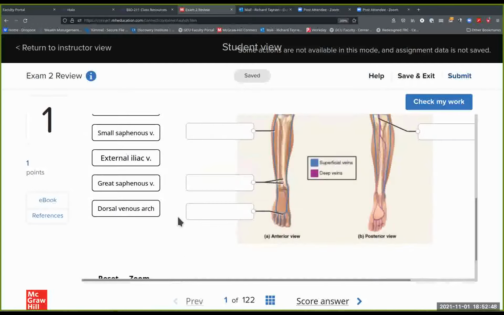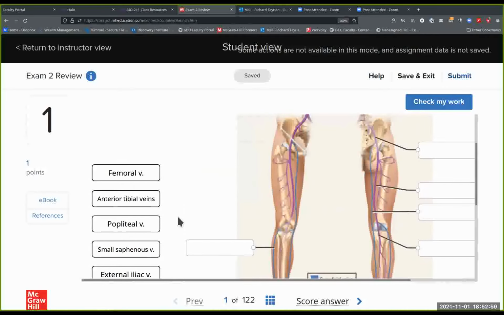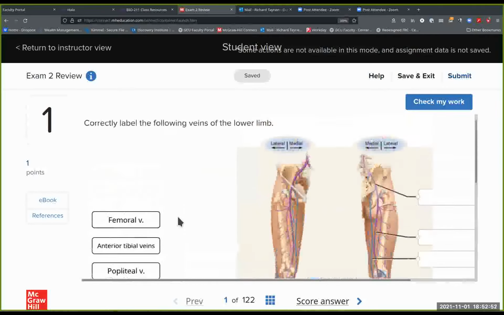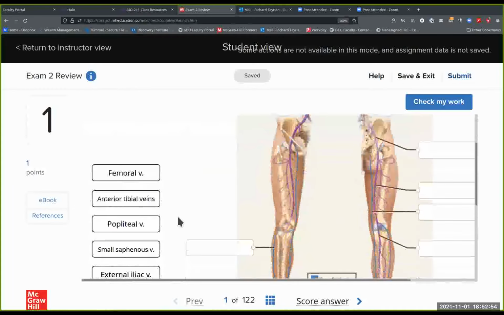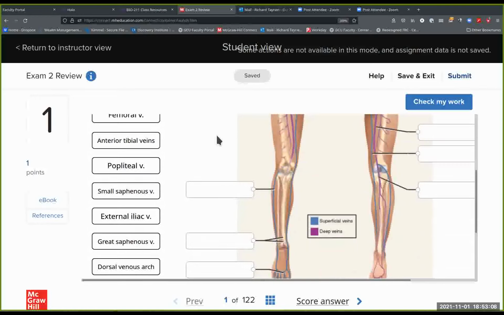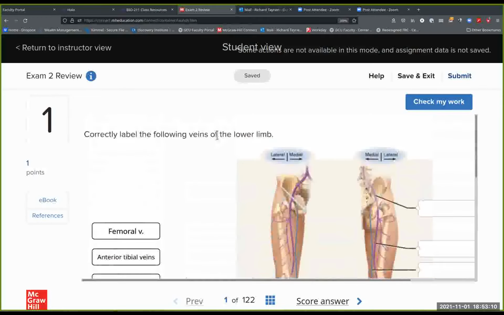Yeah, greater saphenous. Right here? Probably not. Any other guesses? Probably the external iliac.